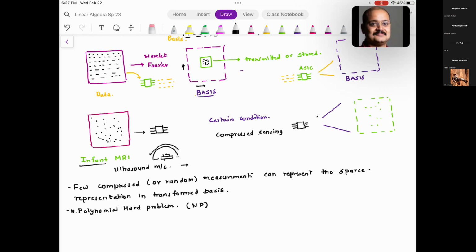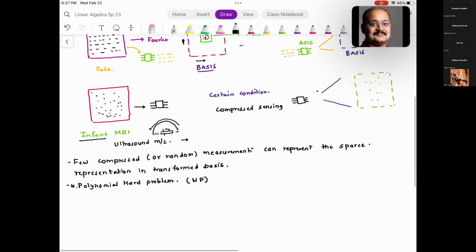But then Professor Tao and Professor Candès collaborated. Both of them are mathematicians and statisticians, and they developed the mathematical theory, or the mathematical basis, that provides guaranteed bounds on compressed sensing. So let's look at how this compressed sensing approach actually works.